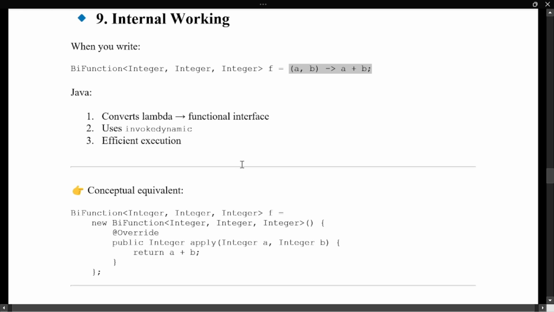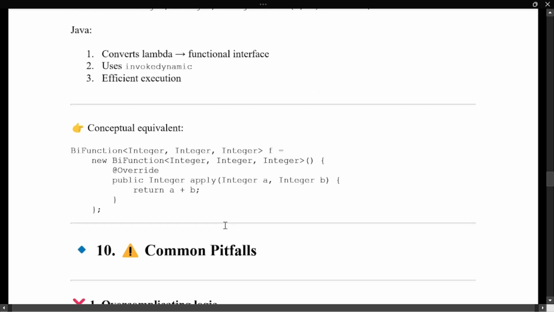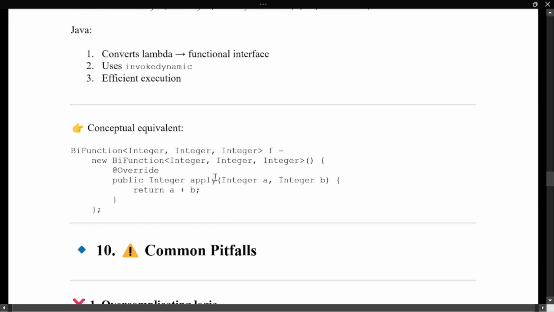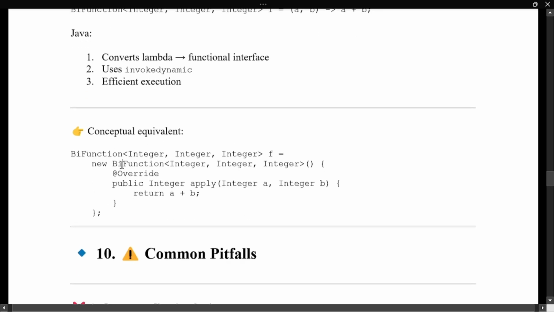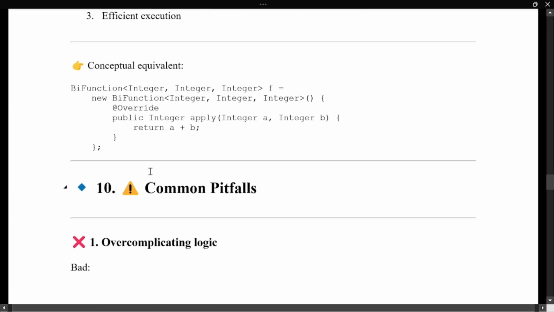It uses invokedynamic and it gives efficient execution. So, the conceptual equivalent: when we write like this, actually it internally converts into an anonymous inner class, BiFunction of Integer, and it overrides the apply method available inside the BiFunction functional interface.